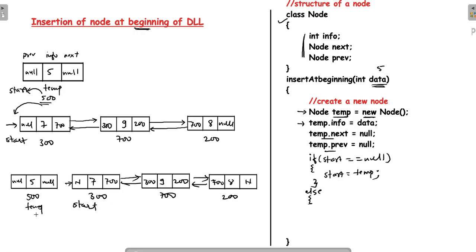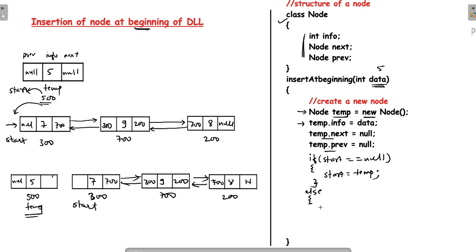So if you add this temporary at the beginning of the existing list, what changes do we need to make? We need to connect this node with 300, the address is 300, and in the previous field of start we should have the address 500. So we'll quickly write those changes. In temporary's next field we write the address of start.